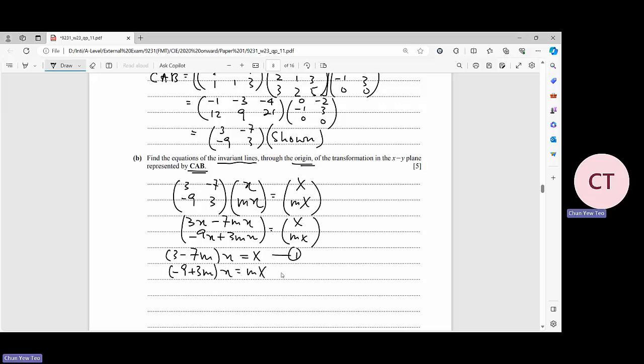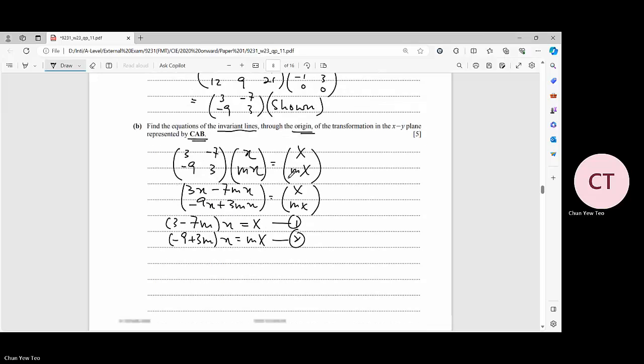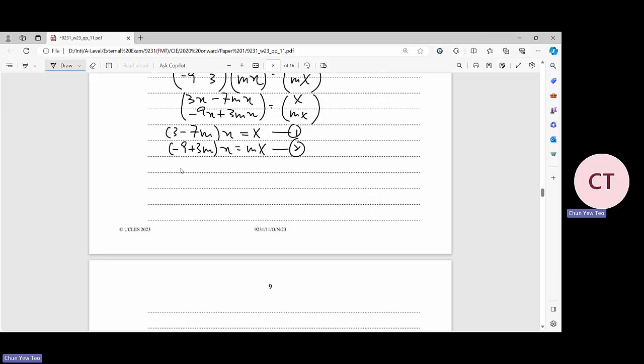Call this equation 1, call this equation 2, and you just do a division. Take the 1 divide 2 or the 2 divide 1. Then you will get this relationship. Do the cross product. Then you will form a quadratic equation.